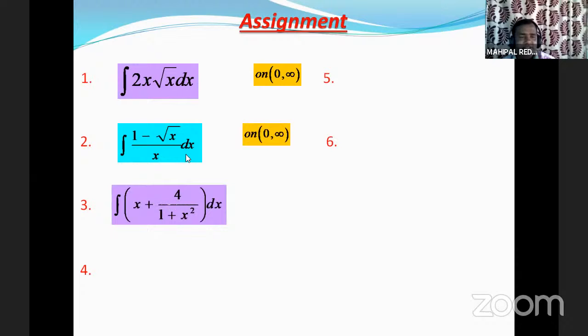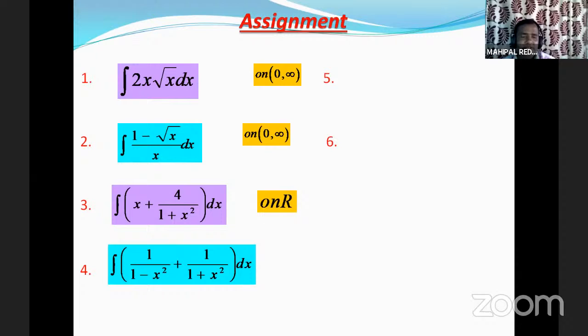The third one is integration of x plus 4 by 1 plus x squared dx. And the fourth one is integration of 1 by 1 minus x squared plus 1 by 1 plus x squared dx.